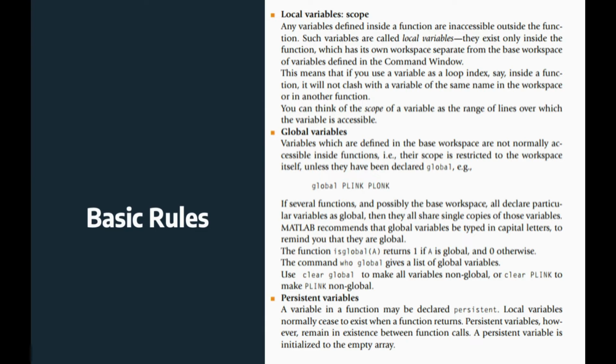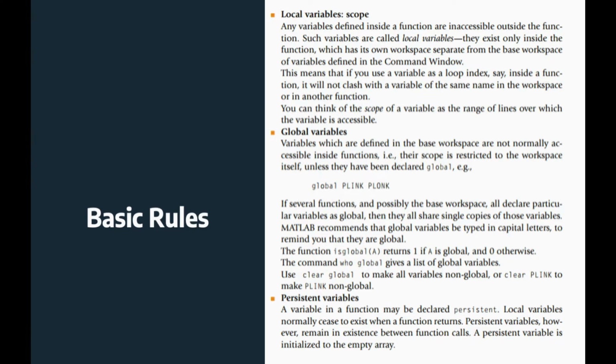Local variables or scope: any variable defined inside a function is inaccessible outside that function. Those variables are called local variables, where you can't access them. They exist only inside your function, which has its own separate workspace from the base workspace of the variables defined in the command window.